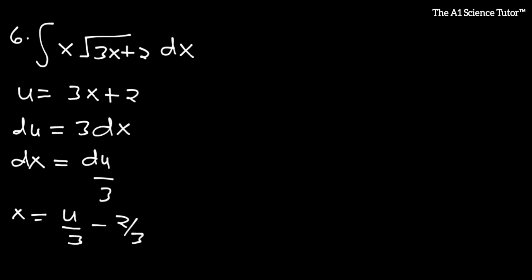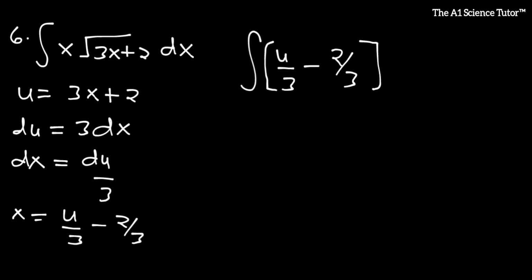So let us bring it back. This is going to be integral. Now we have u divided by 3 minus 2/3. And we need to multiply it by the square root of u. And here we have dx to be du divided by 3, right?